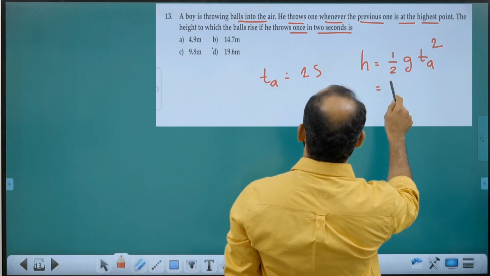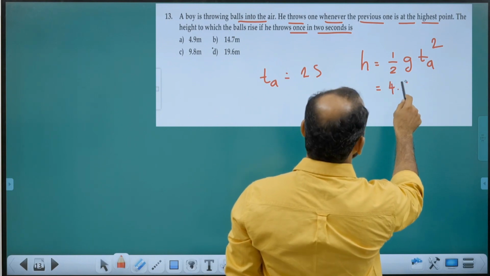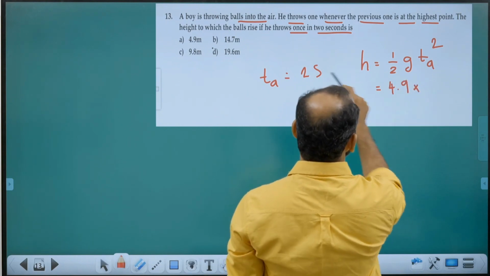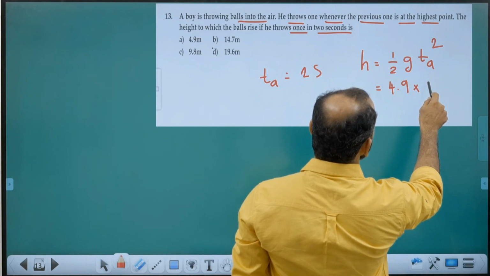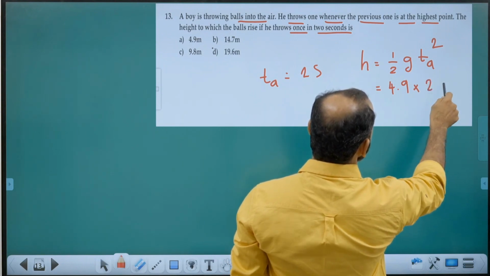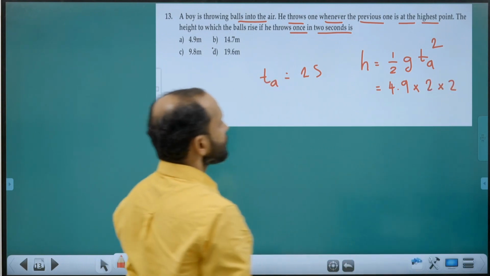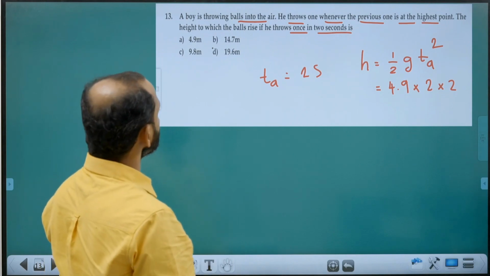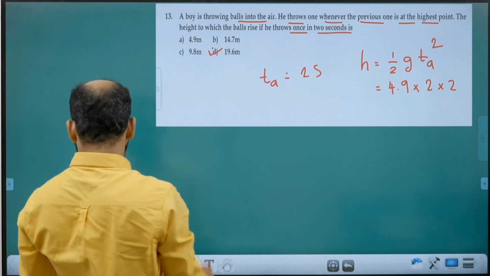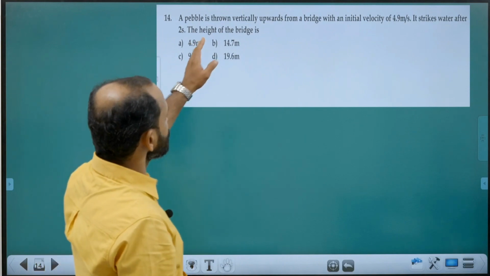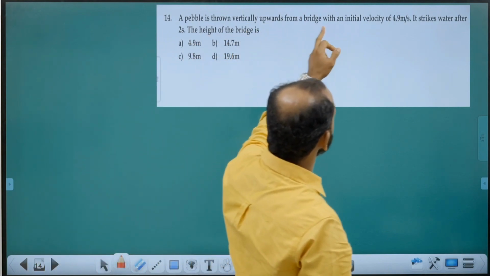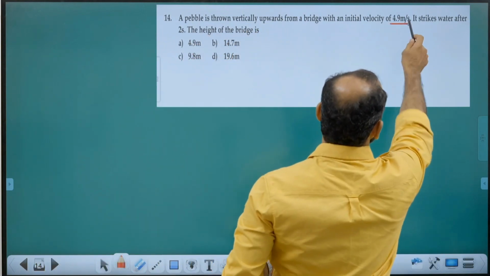Half into 9.8 is 4.9. 4.9 into 2 into 2, that is 9.8 into 2, that is 19.6.